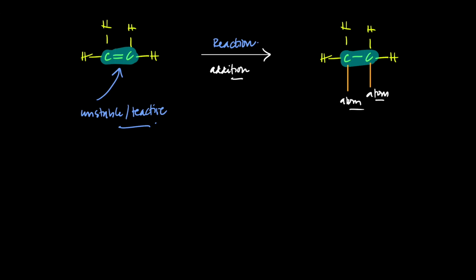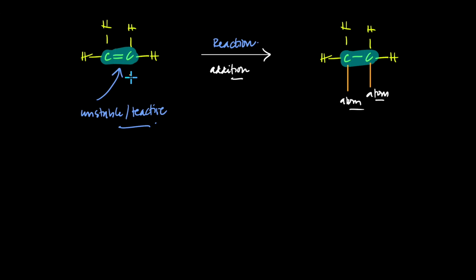Now, alkenes and alkanes are both hydrocarbons, but it's the alkane with the A that is unreactive. The alkene with an E is reactive because there is a carbon-carbon double bond, which wants to become a carbon-carbon single bond.